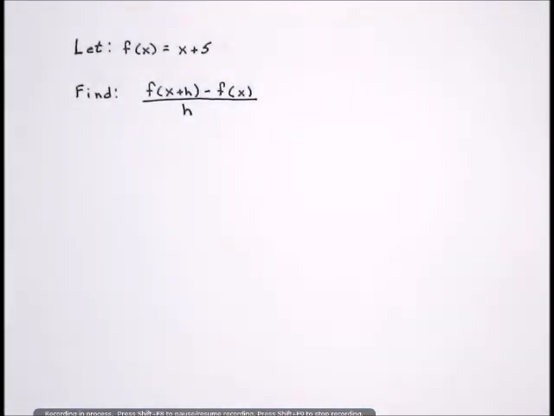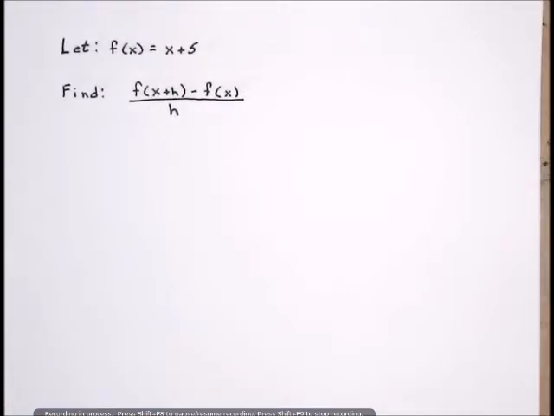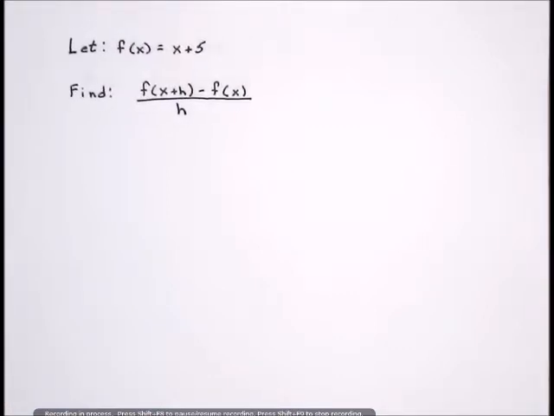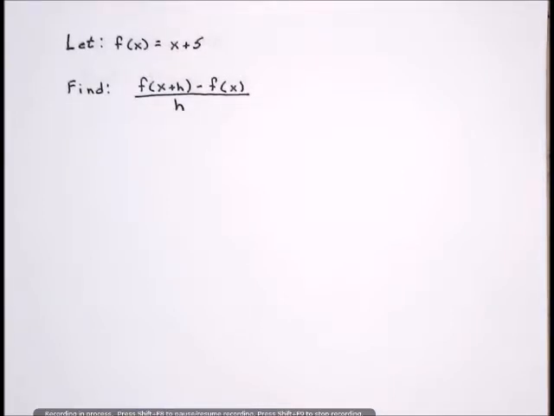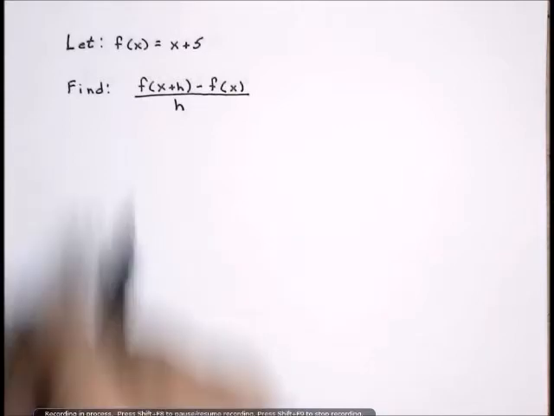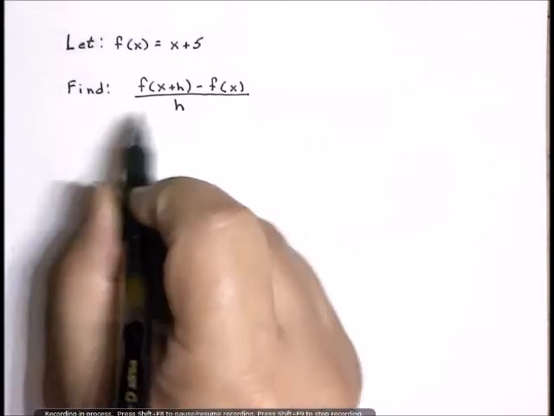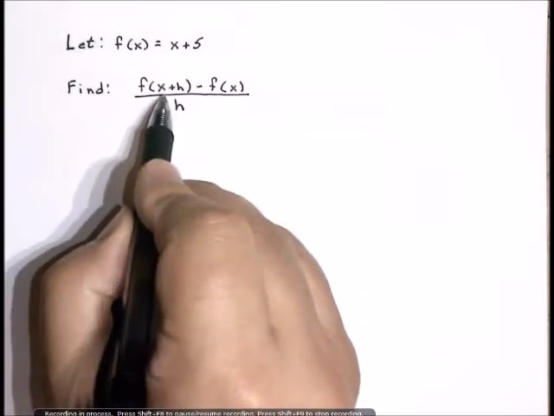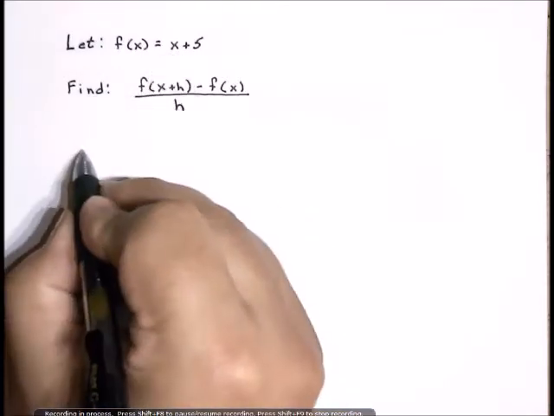Now let's try a few of the more difficult ones. Here I have f of x equaling x plus 5, and I want to find f of x plus h minus f of x over h. So what I'm going to do is first take f of x and plug x plus h in for x.